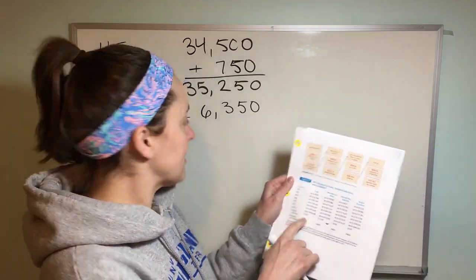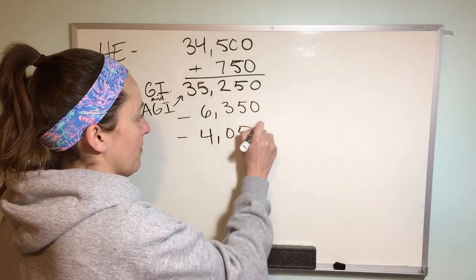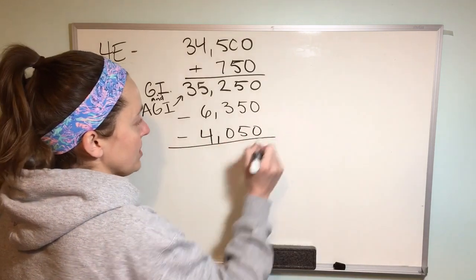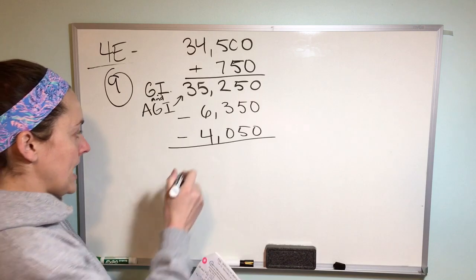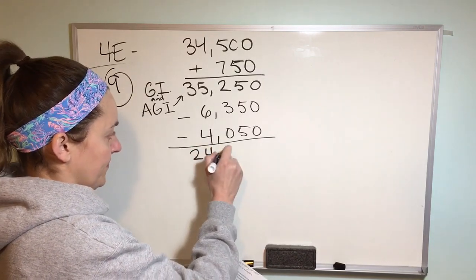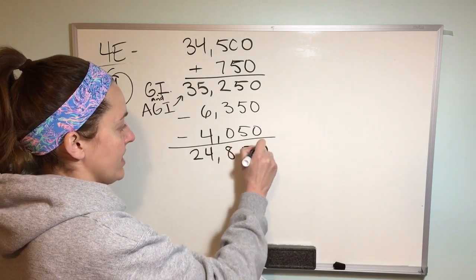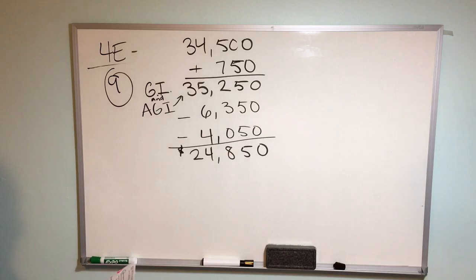Well, that's the exemption. Remember, so we'll subtract that too. Everyone gets a personal exemption that they don't have to pay taxes on. So we'll subtract all those, and I get $24,850. Double check my math, but you should get the same thing as me.